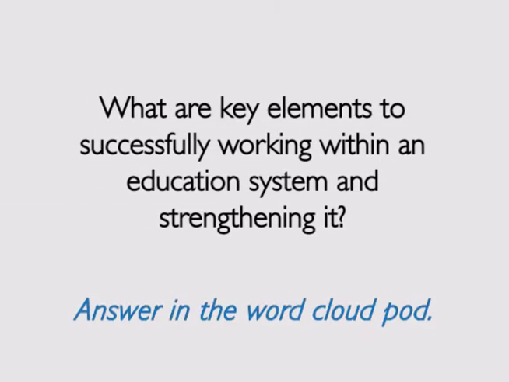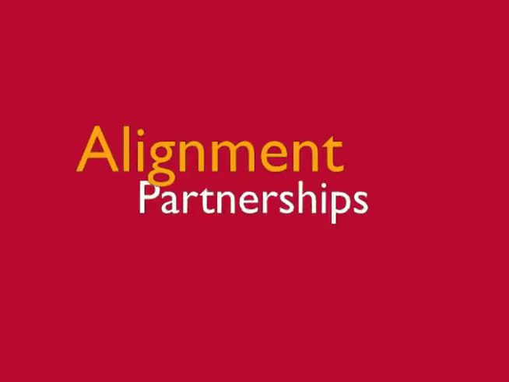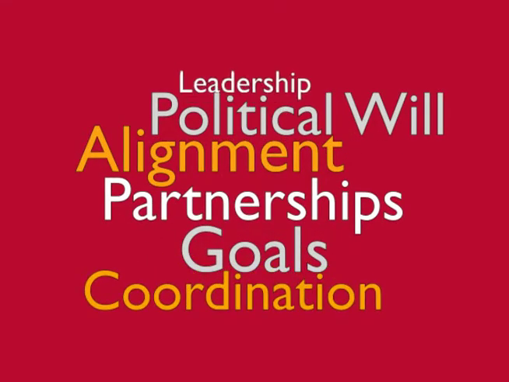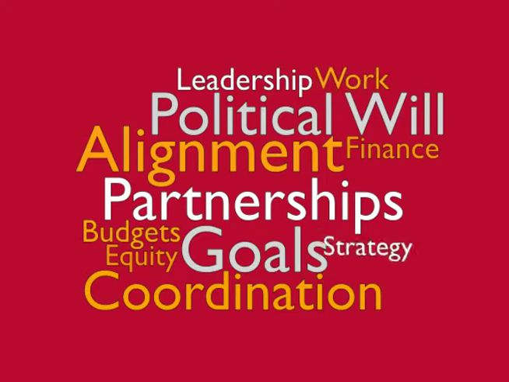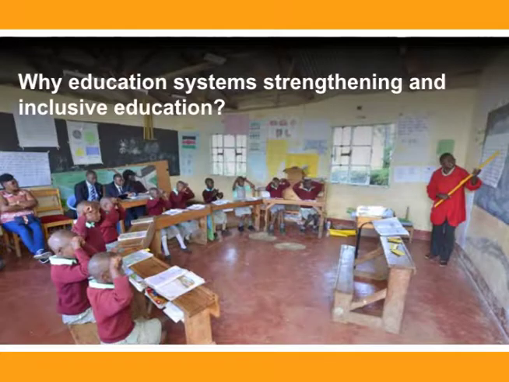What are key elements to successfully working within an education system and strengthening it? Inclusive development is a critical element for working at scale. For example, the TUSOM early grade reading program in Kenya is at nationwide scale.